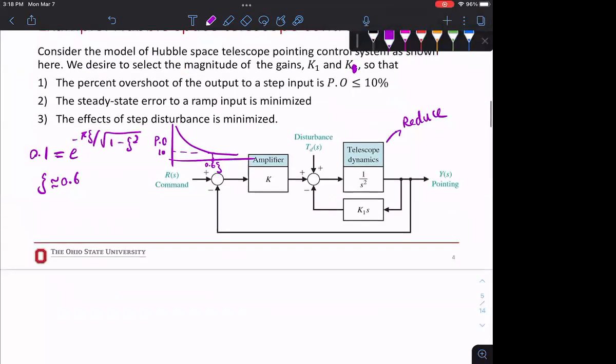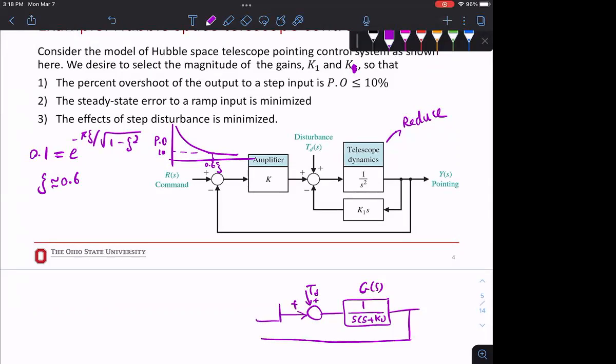So I can have a neat looking G of S, which is my plant, and is going to be 1 over S plus K1. Then I have my TD, which is my disturbance, being added to the system.